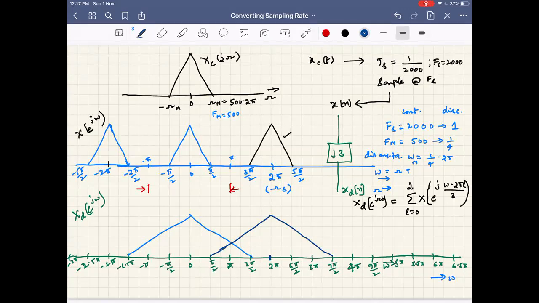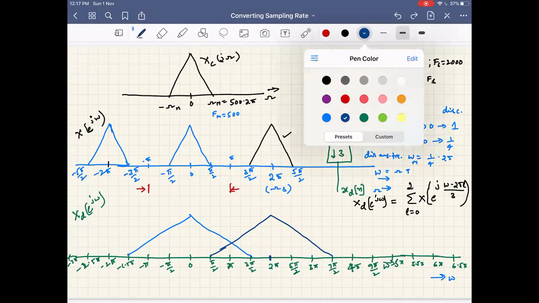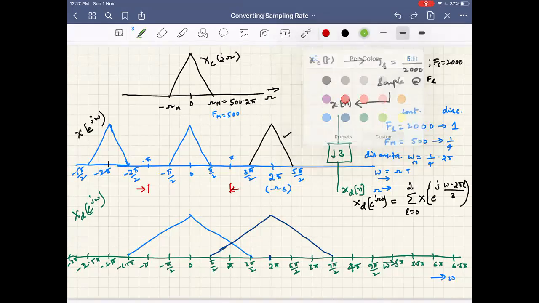As you can see, if you want to write it, this is x of e power. Let us write with the same color. And let us figure out another, say, let us take this color. Third replica, where does it occur? 2 pi by 2, 4 pi. Omega minus 4 pi by 3, where L equals 2.